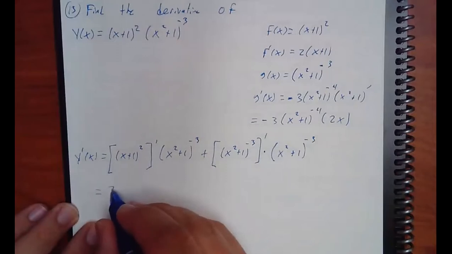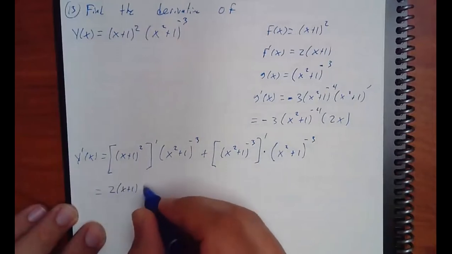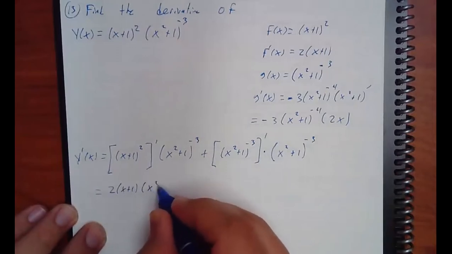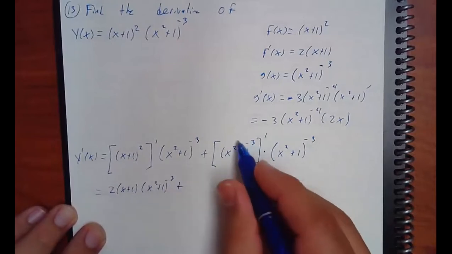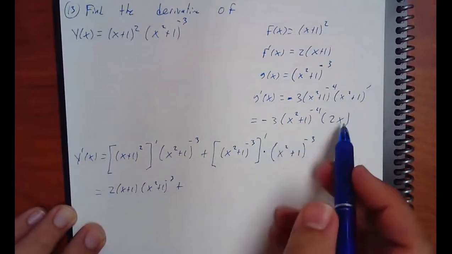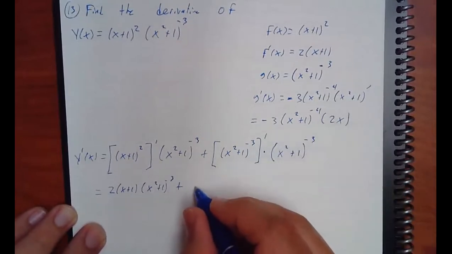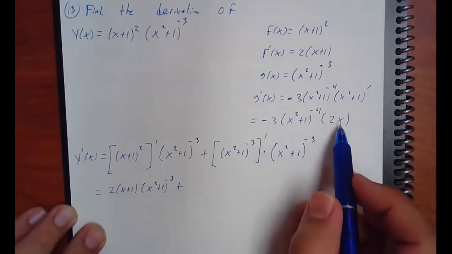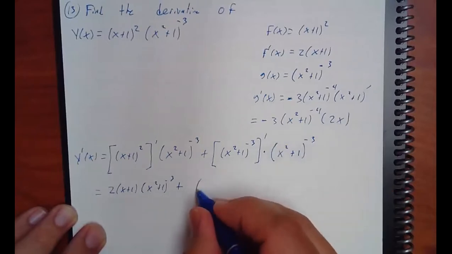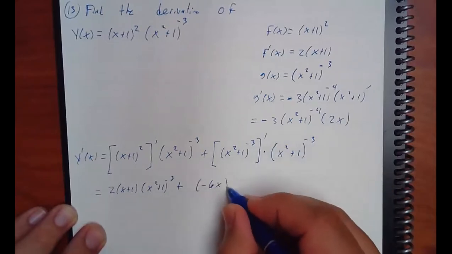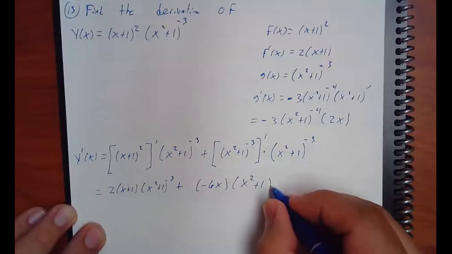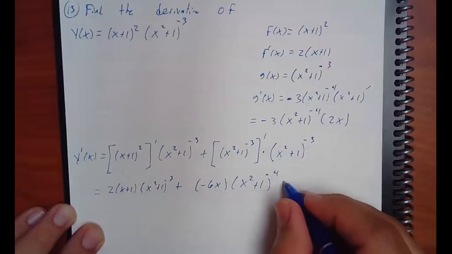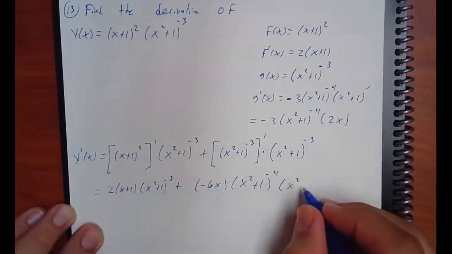So that'll be 2x plus 1 times x squared plus 1 -3 plus this derivative, that's g prime, so that's right here. -3 times 2x, that'll be a -6x times x squared plus 1 to the -4 times x squared.